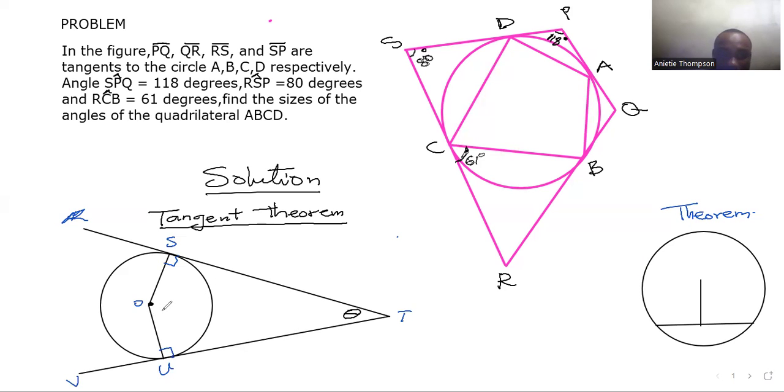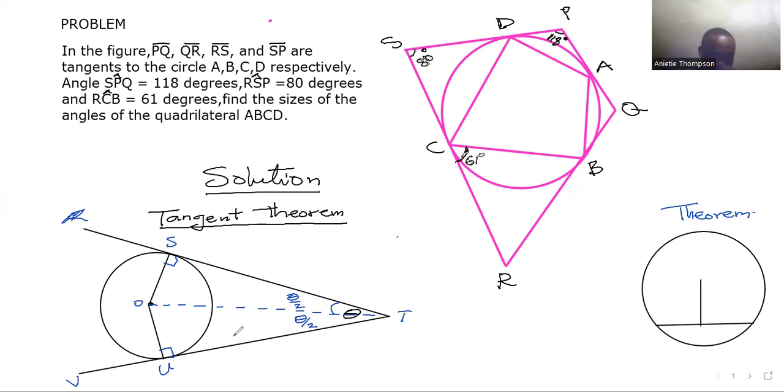And if I produce a line from the center of this circle outside to meet the angle theta at the point T, this line that I produce, the line OT, divides this angle into two equal portions. That is, each part will be theta over 2 and theta over 2 respectively.